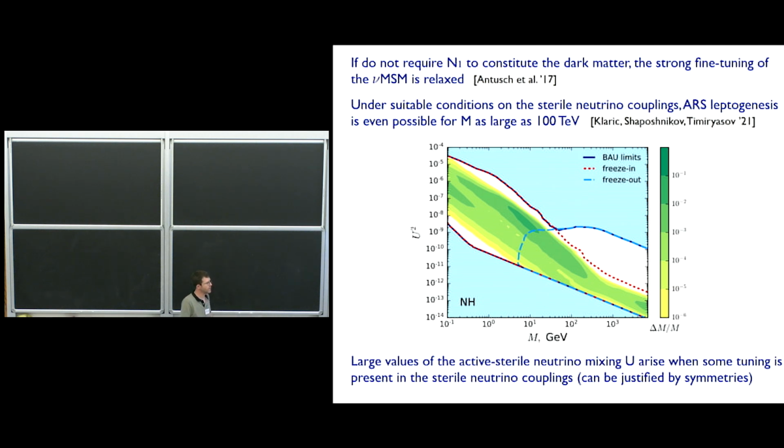So there is indeed a dependence, but if your question is, can we test this mechanism by looking for CP violation in neutrino oscillations, the answer is in general no. But I should also mention a work by Pilar Hernandez and collaborators, where by studying ARS leptogenesis they tried to see which parameters you could constrain by requiring successful ARS leptogenesis.